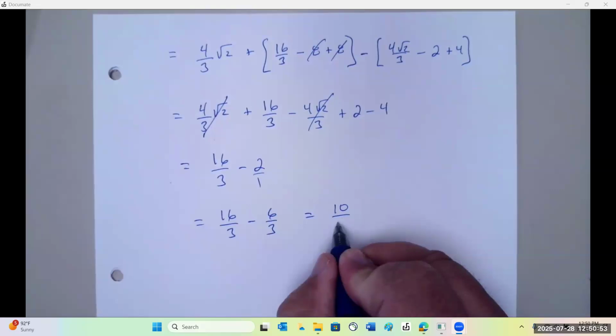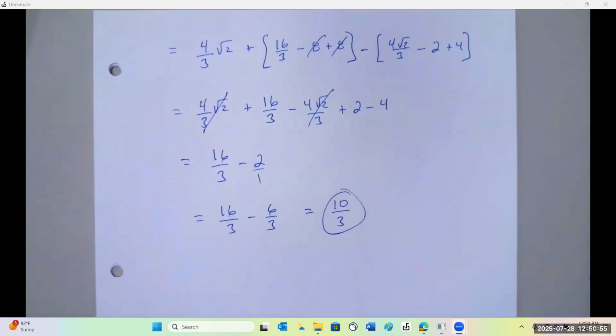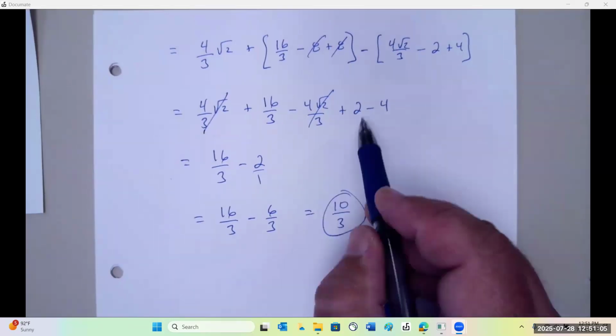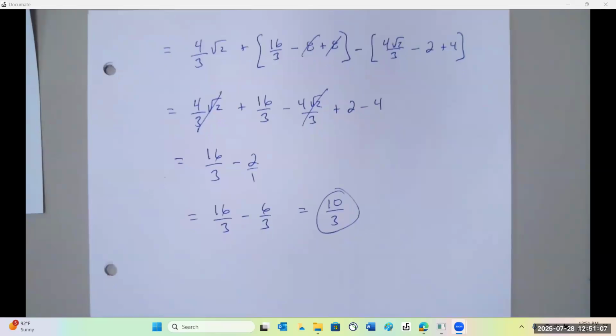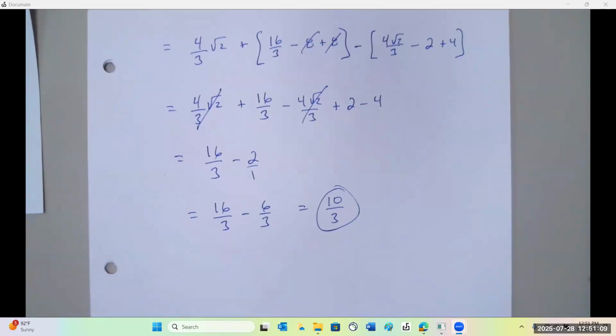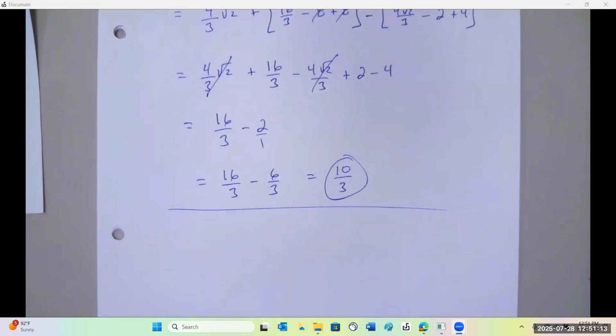The answer is 10/3. Minus two, I thought it was. Oh, negative two. Again, it's all mostly algebra in this class.